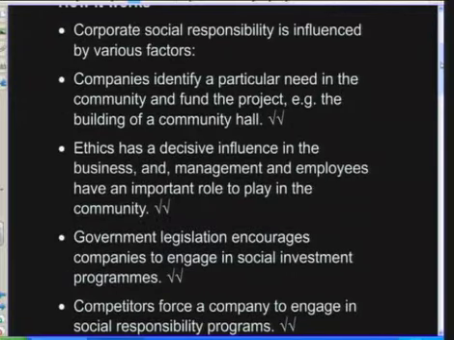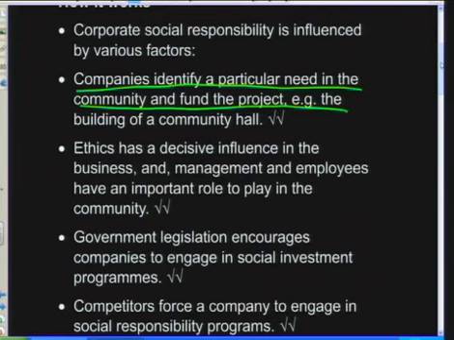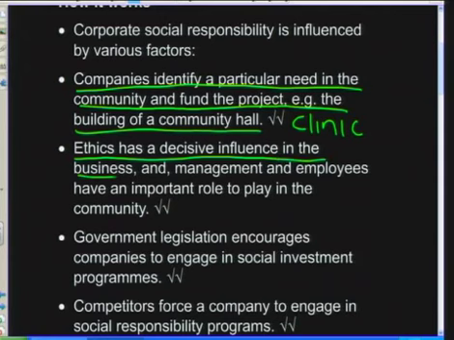Corporate social responsibility is influenced by various factors. So companies identify a particular need in the community and fund the project, e.g. the building of a community hall, or maybe a clinic. Ethics, very important, has a decisive influence in the business, and management and employees have an important role to play in the community.